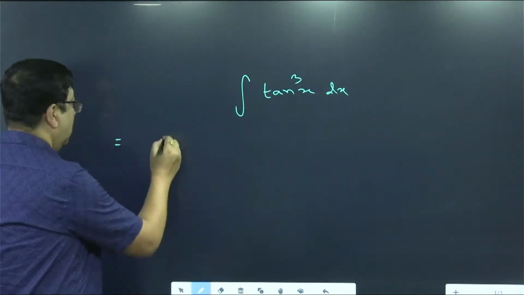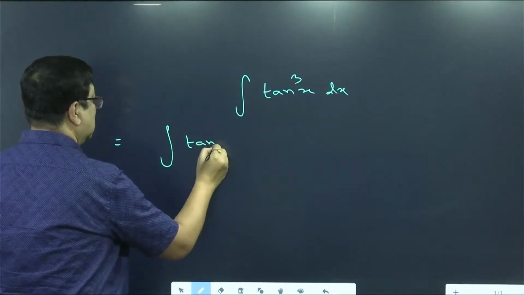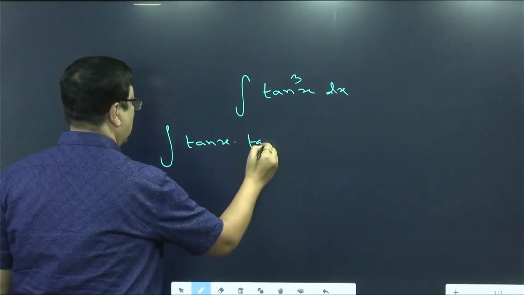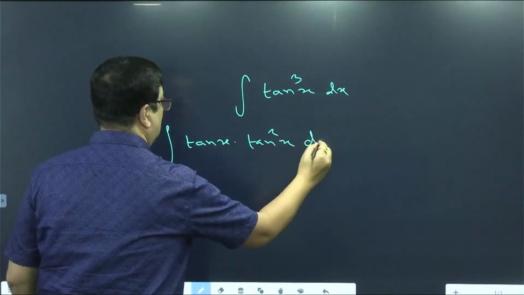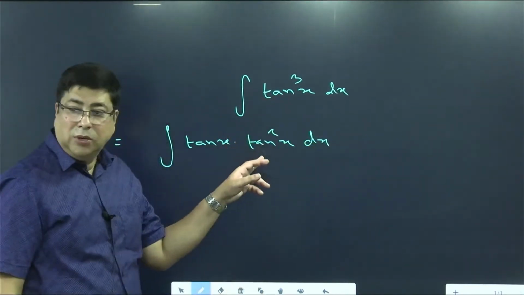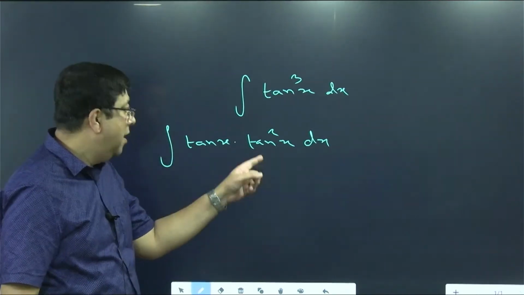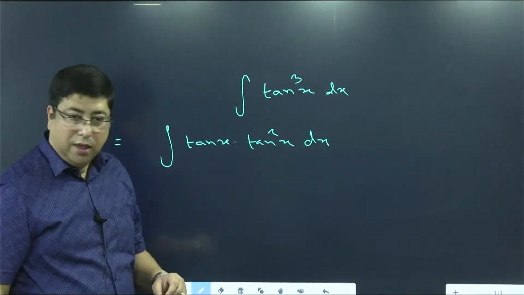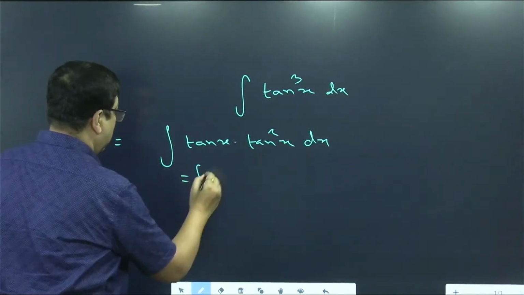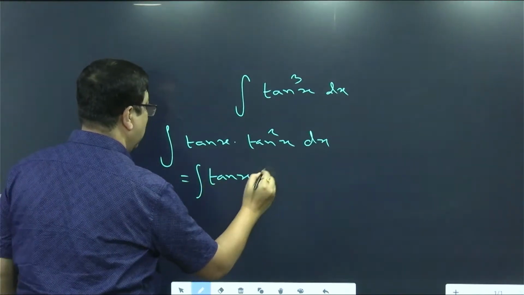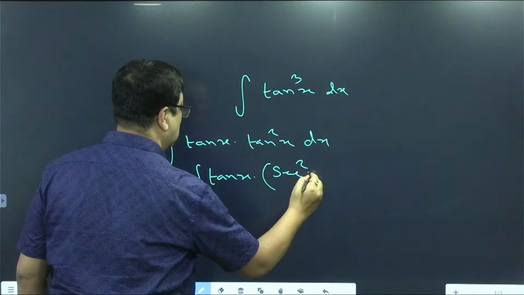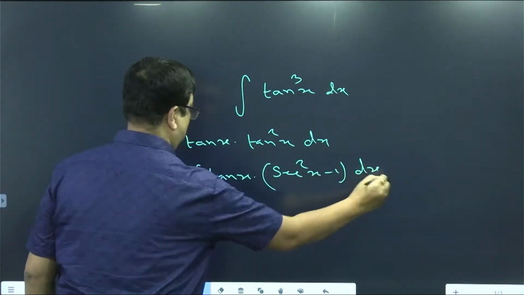So what will you do? Take tan x into tan square x, because the derivative of tan x is sec square x and we have to present the sec square x here. So we can write here tan x into sec square x minus 1.